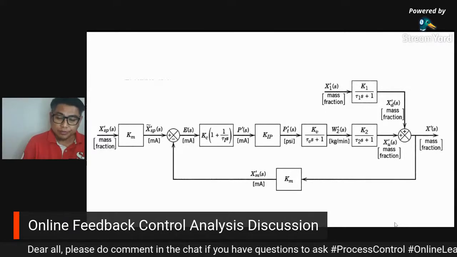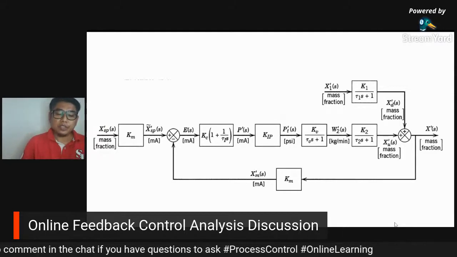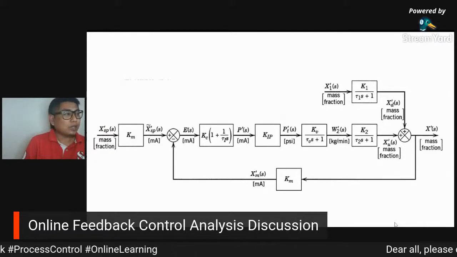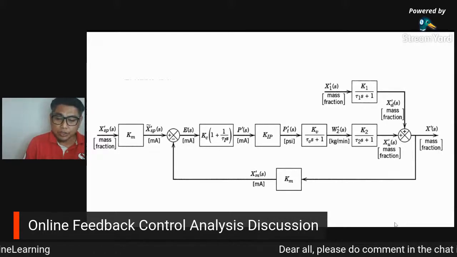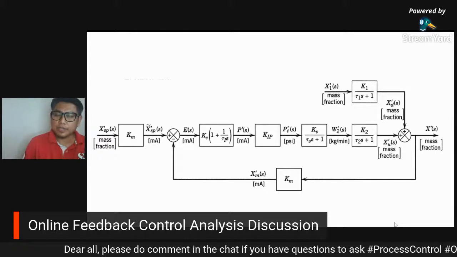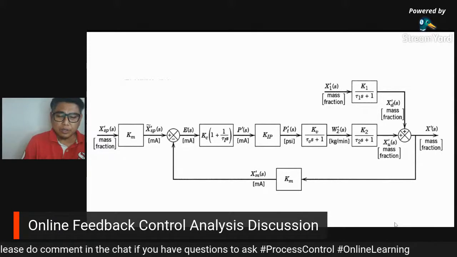This is very important. For example, in your test 2 tomorrow, you will be asked to develop this block diagram for a given process flow diagram or for a given feedback control diagram.